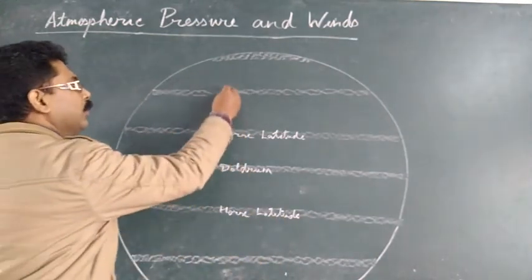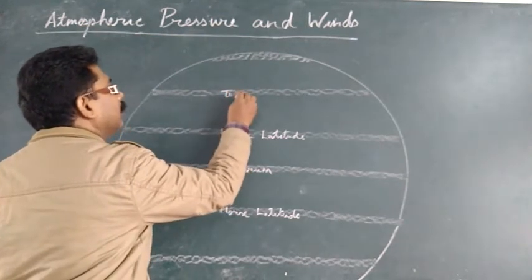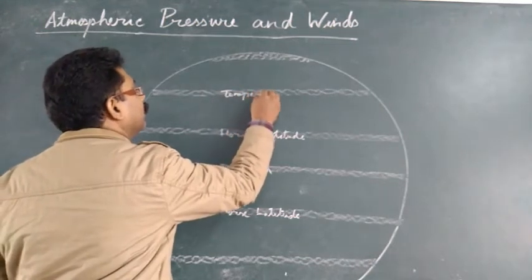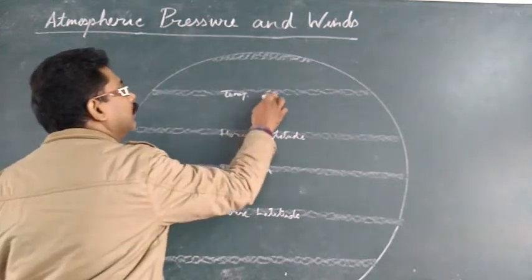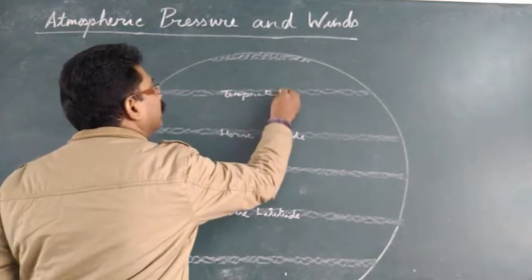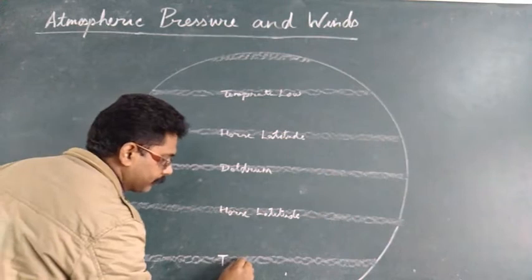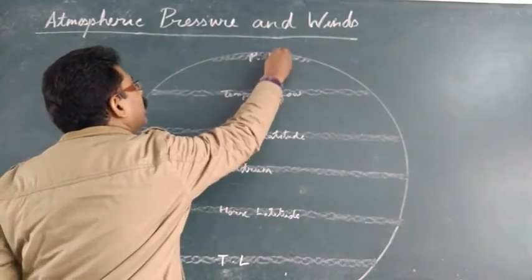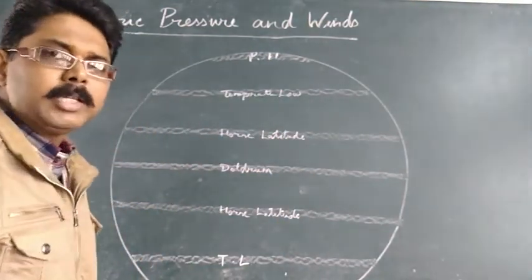In the temperate zone, there are again temperate low pressure belts, and in the polar region there are the polar highs. This I have already shown you.